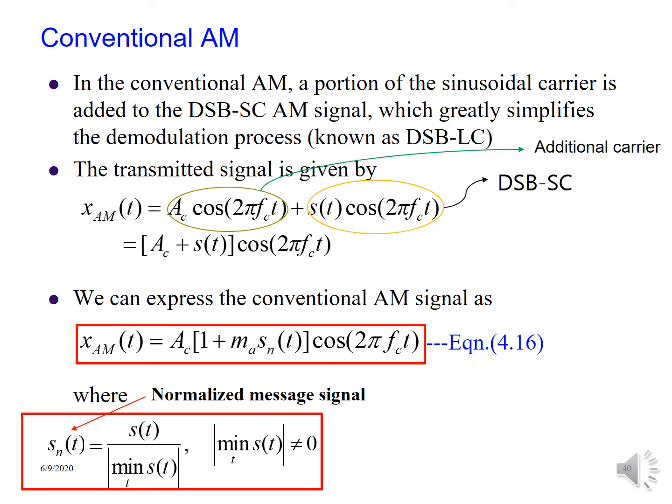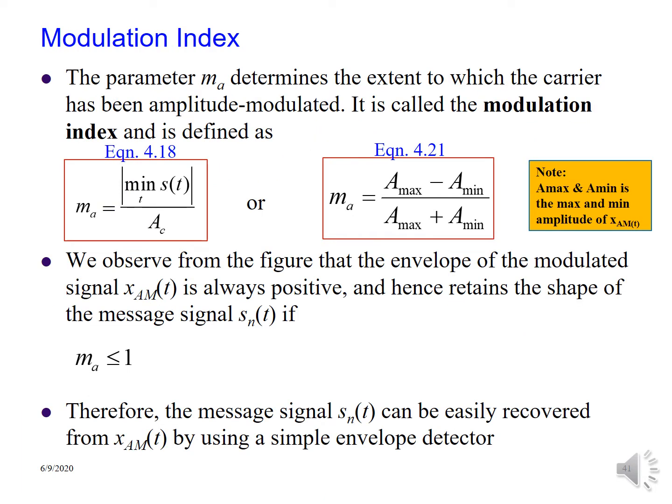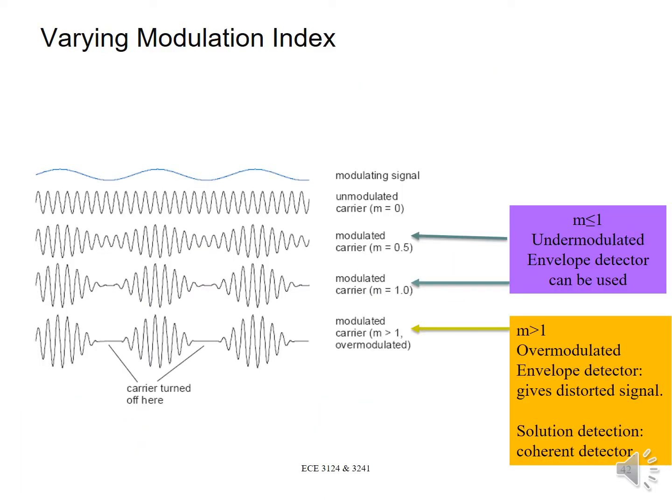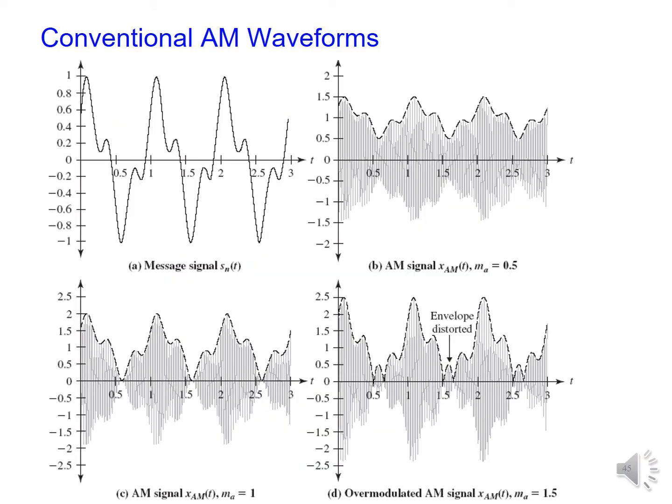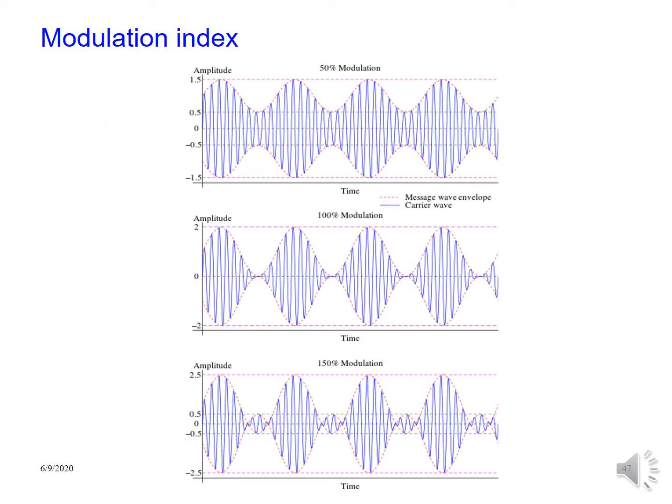You have to know what the normalized signal is and what the modulation index is. This is the difference between a modulation index of 0.5, a modulation index equal to 1, and a modulation index more than 1, which is 1.5.